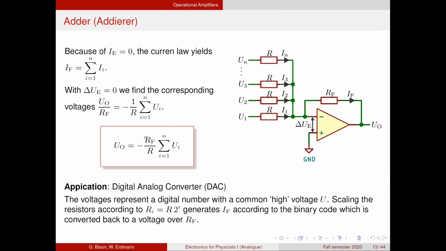And if you scale the resistors here such that Ri is some R times 2 to the i, then for each voltage here, you can switch the same voltage and generate current contributions that scale like the value in a binary code. And then if you add them together, you can put a switch in front of each of those, then the switch position corresponds to your digital number, and the output voltage will then be an analog representation of that number.